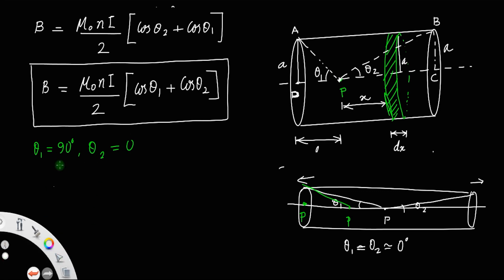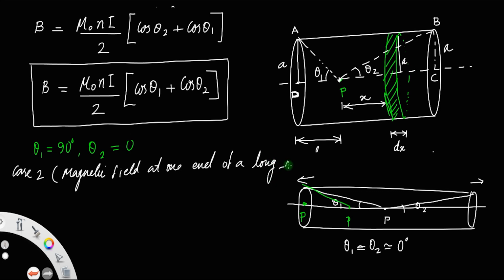So magnetic field, case 2, magnetic field at one end of a long solenoid, we can take theta 1 equal to 90 and theta 2 equal to 0.